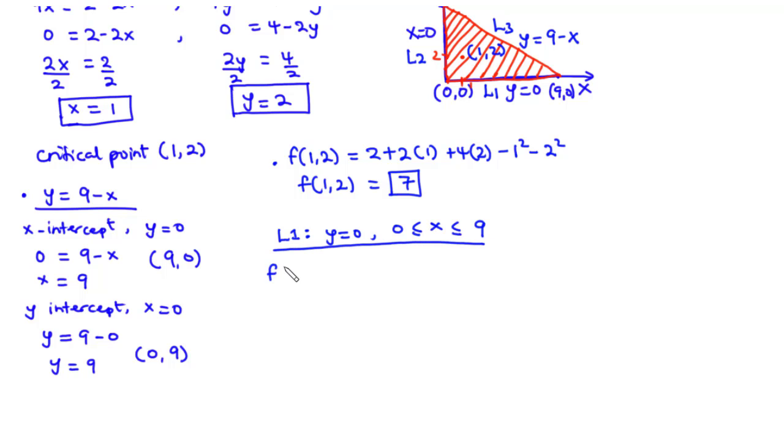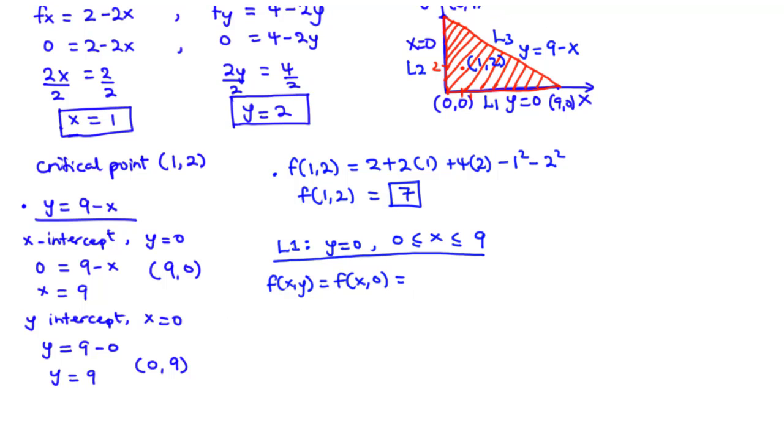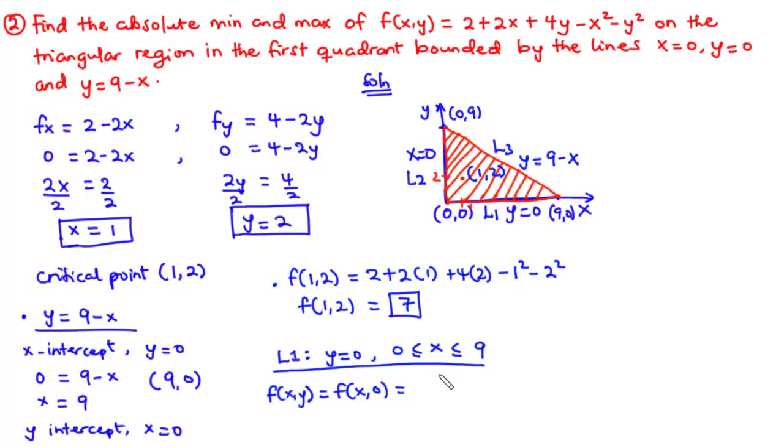Therefore we have f(x, y) equal to f(x, 0), and considering the function, we have 2 plus 2x plus 4 times y, which is 0, minus x squared, minus y squared, that's 0 squared.